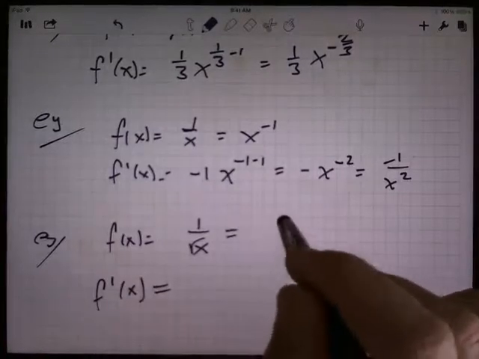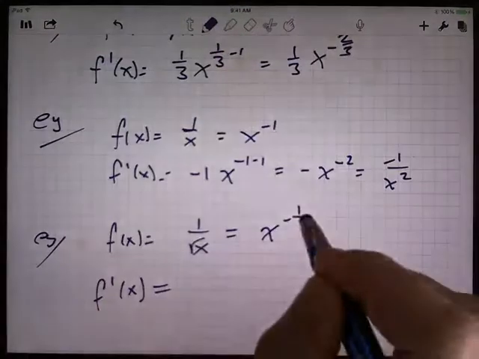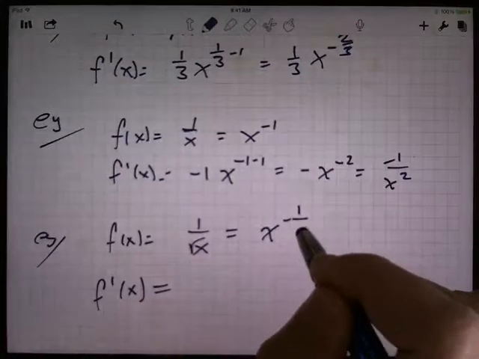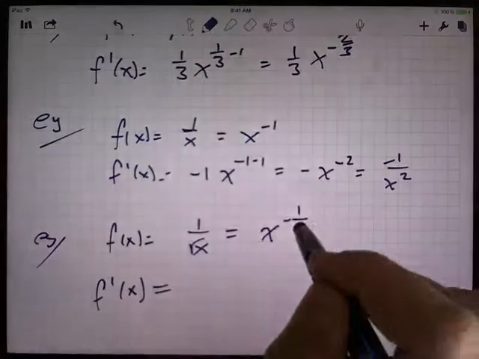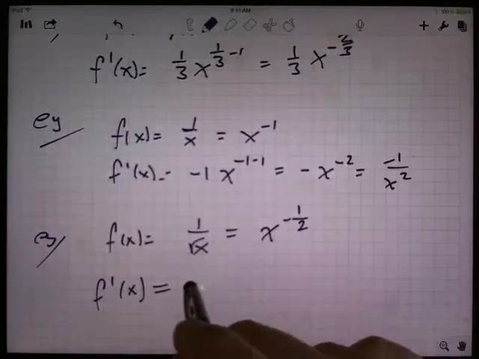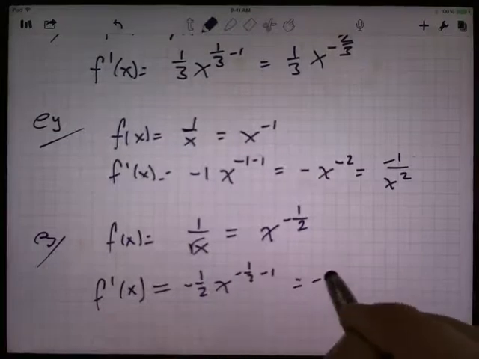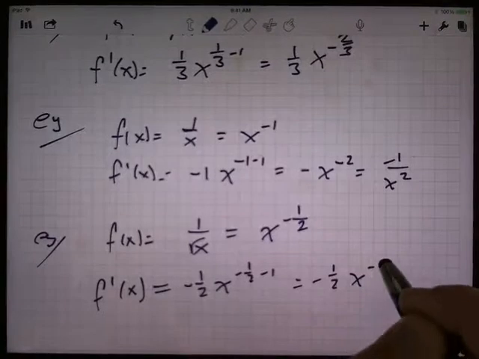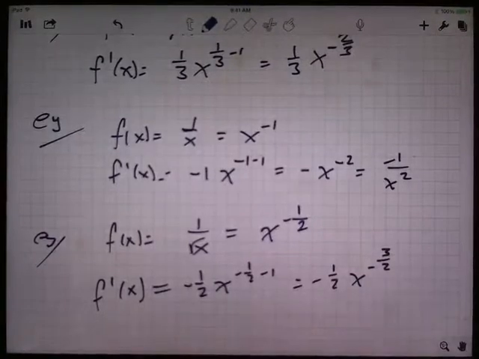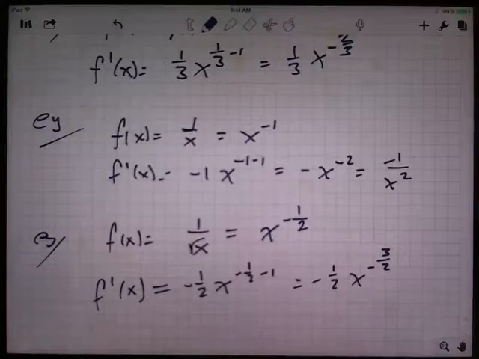Well, if I think of this as x to the negative a half power, then the derivative, this is f prime, is minus 1 half x to the minus a half minus 1, which would be minus a half x to the negative 3 halves. Put the exponent out in front and subtract 1 from the exponent. That's the power rule, and it applies to all sorts of functions.